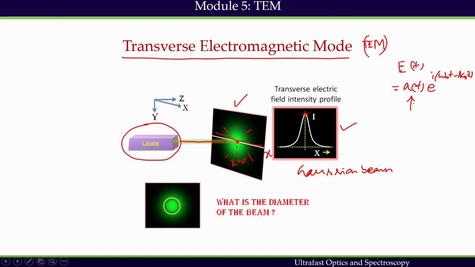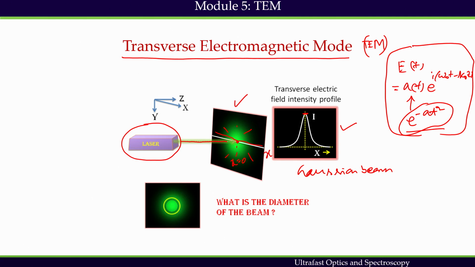Sometimes we said that the electric field envelope can be expressed as e to the power minus a t square. This is the time domain description of the pulse, and we said that the field envelope can be represented by a Gaussian function in time. But this Gaussian function is in space, a spatial profile.